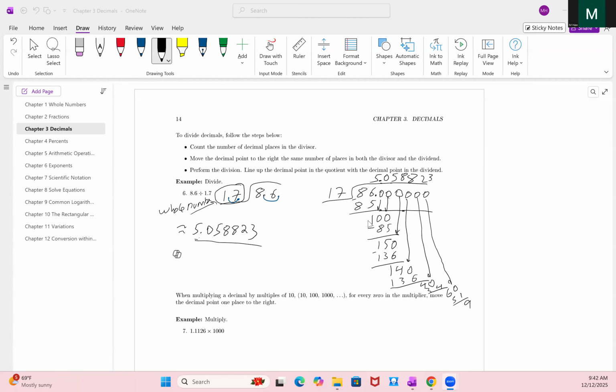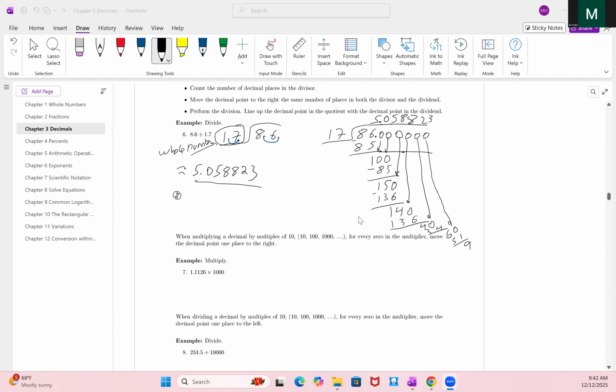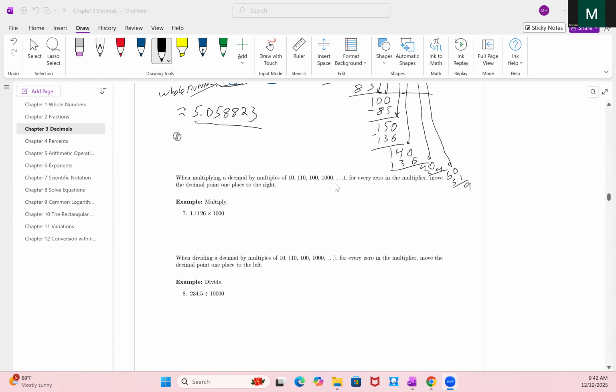When multiplying a decimal by multiples of 10, such as 10, 100, 1,000, for every 0 in the multiplier, move the decimal point one place to the right. So we are multiplying here by 1.1126 by 1,000. And we have 3 zeros.